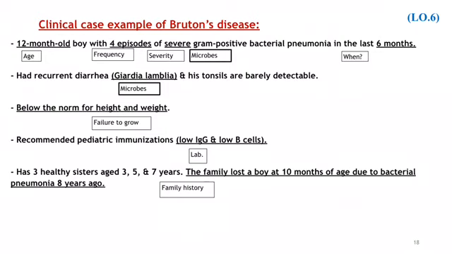When they asked the parents how many children they have, they said they have 3 healthy sisters, aged 3, 5, and 7 years, with nothing wrong with them. But we lost a boy at 10 months due to bacterial pneumonia 8 years ago. When they asked about the family history, they said they also had a boy who died from recurrent bacterial pneumonia. Okay, this will give you clues that your case is an immunodeficient patient, might be Protein's disease. Okay.